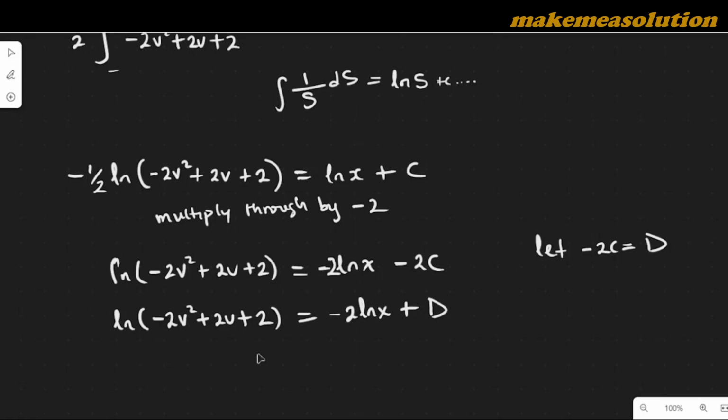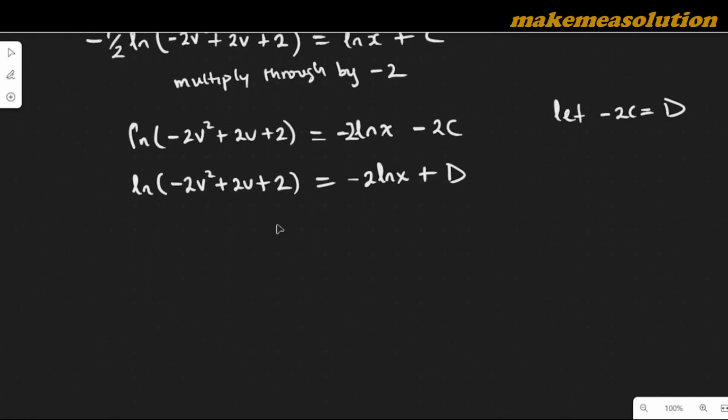Okay, so we're still going to do some manipulations now. I would like to take all the variables to the left hand side and leave the constants on the right hand side. So I'll have ln negative 2v squared plus 2v plus 2, then plus 2 ln x is equal to d.